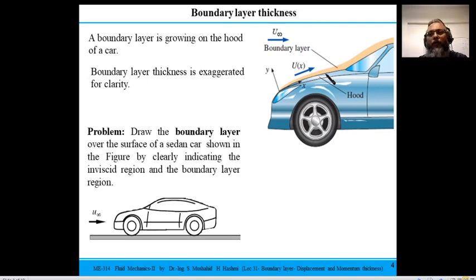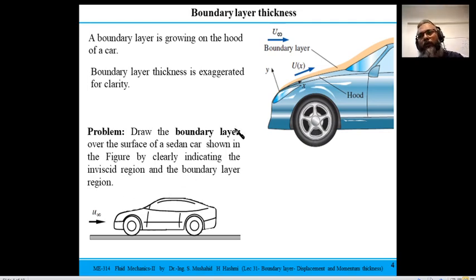Okay, now if I ask you to draw the boundary layer on the surface of a car, a sedan car that is being shown here, what you need to do is clearly mark out the region in which the boundary layer develops, and the so-called inviscid region, where the viscous effects are not dominant.